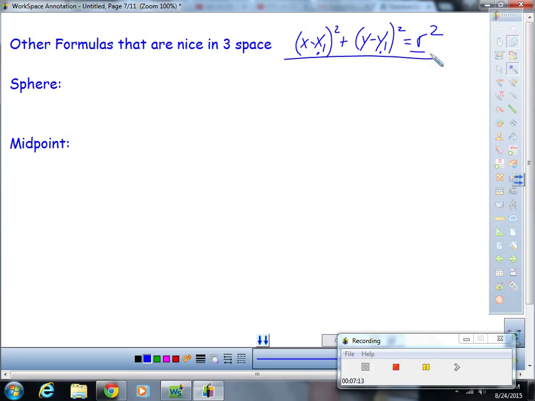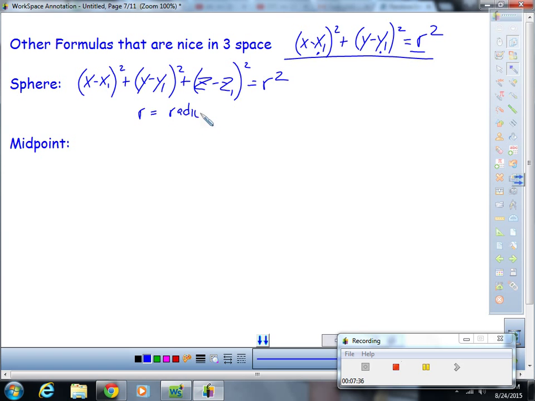Well, now we can just say that a sphere is x minus x1 squared plus y minus y1 squared plus z minus z1 squared equals r squared, where r is our radius and the point x1 comma y1 comma z1 is our center. How cool and clean is that?